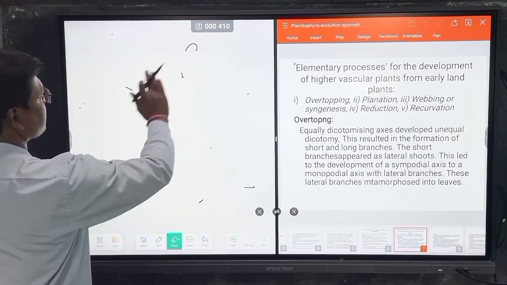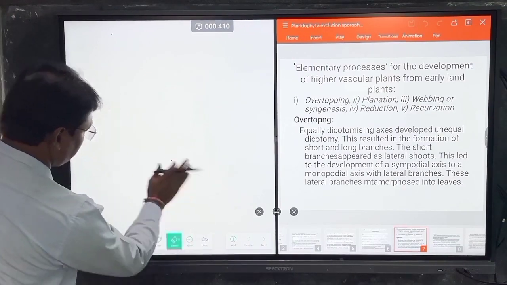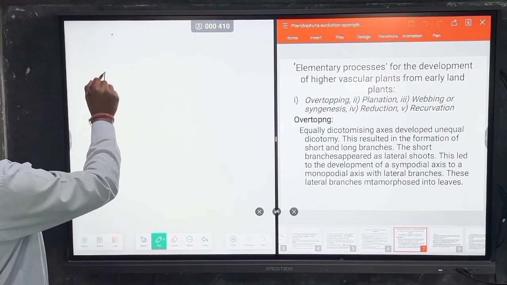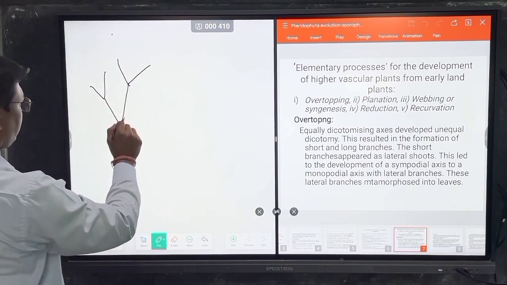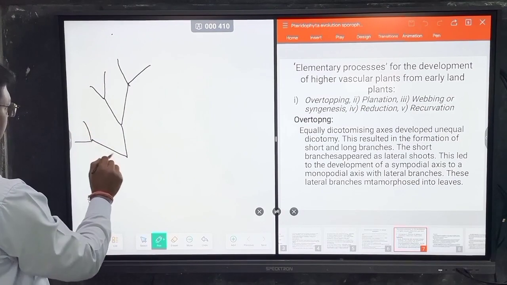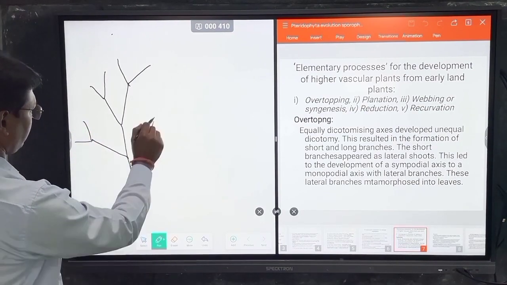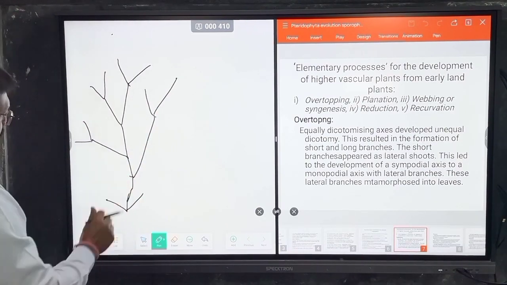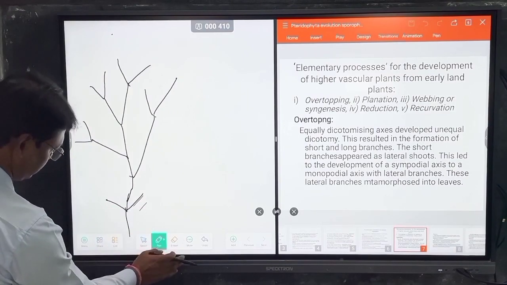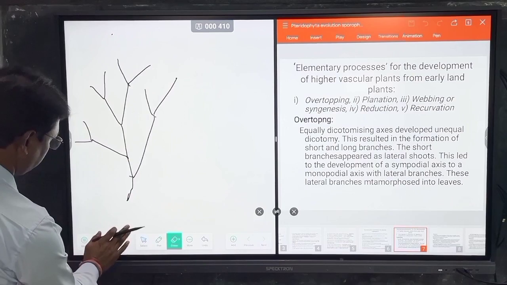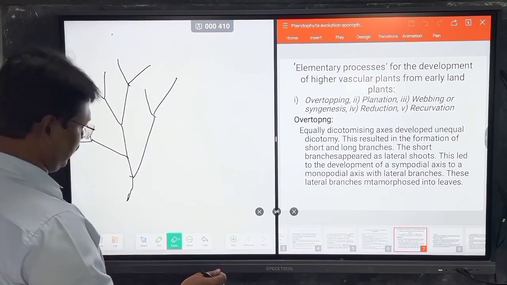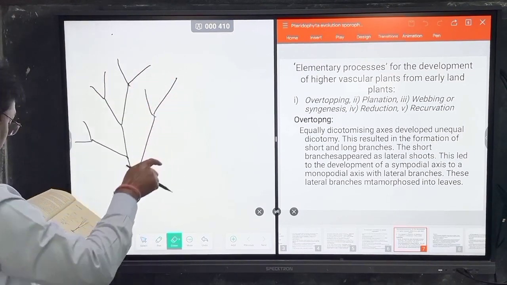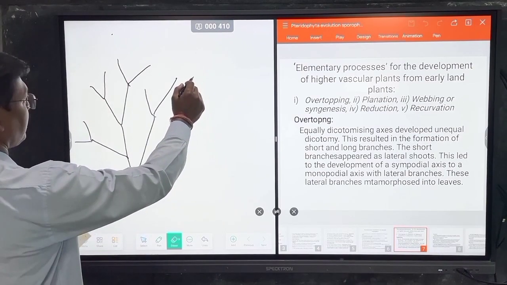So this is the dichotomous branching system. At first they are in equal positions, and gradually they become like this.